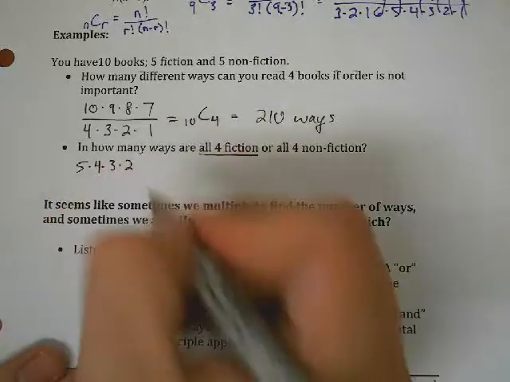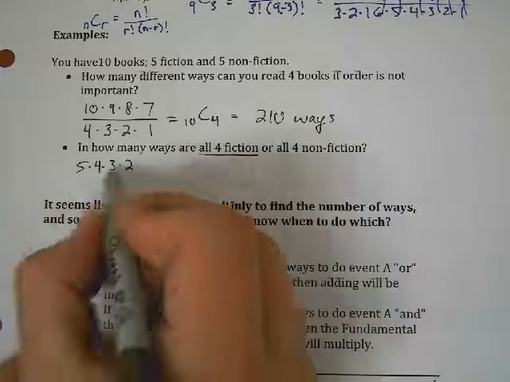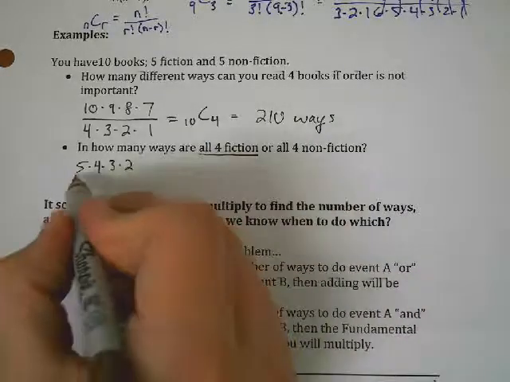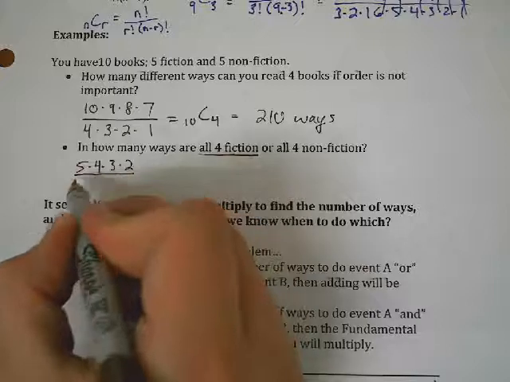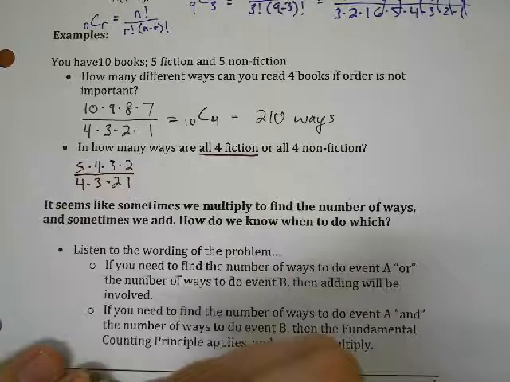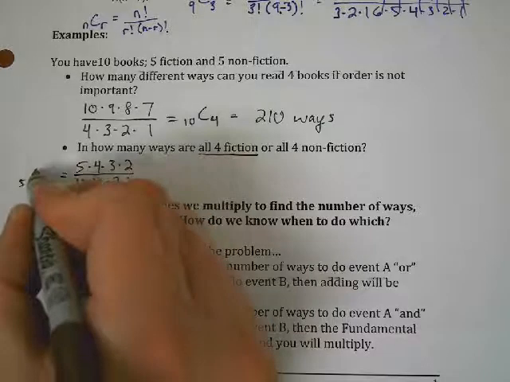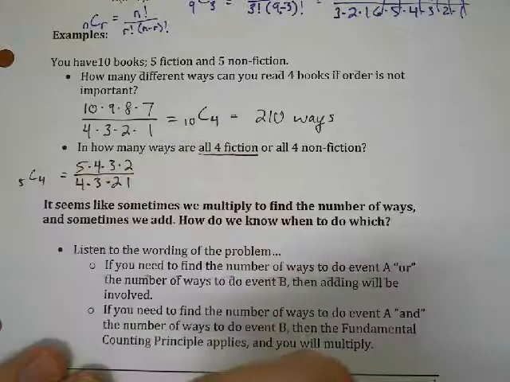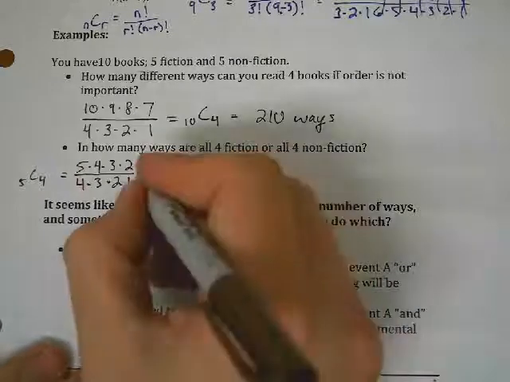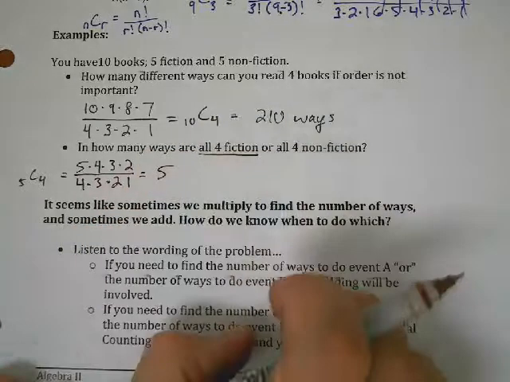So we can pick them out in 5, 4, 3, 2 ways. Well, again, we don't want the repeats, so we divide it by 4, 3, 2, 1. Or in other words, this is just 5C4. There are that many ways that we can read all 4 fiction books, which turns out there's 5 ways we can do that.